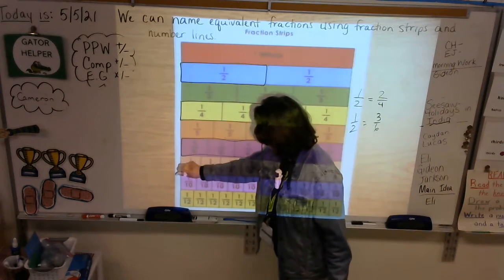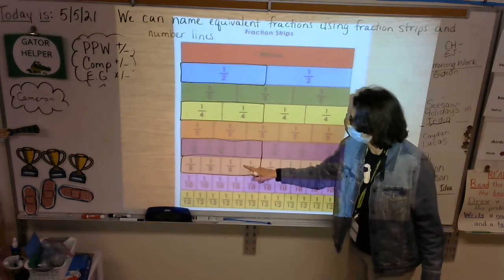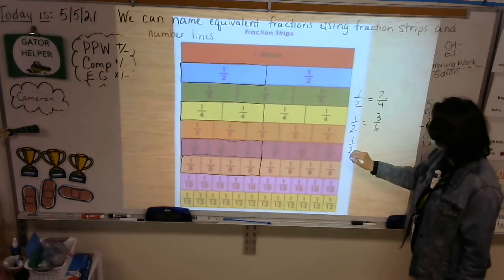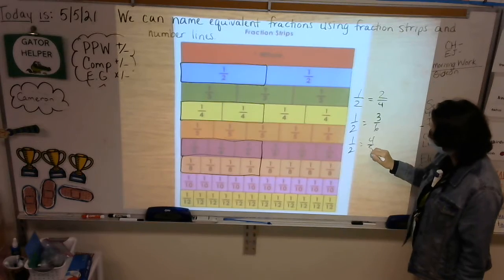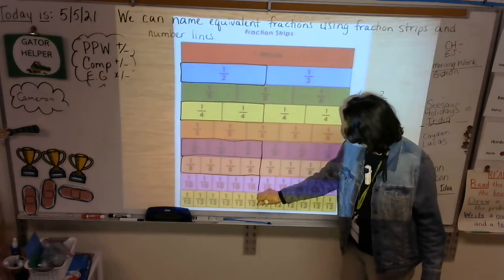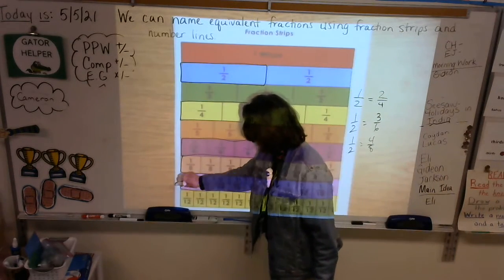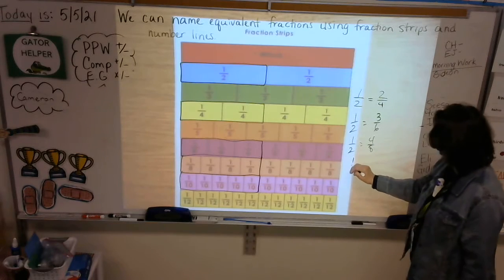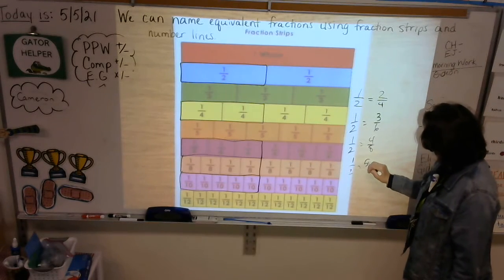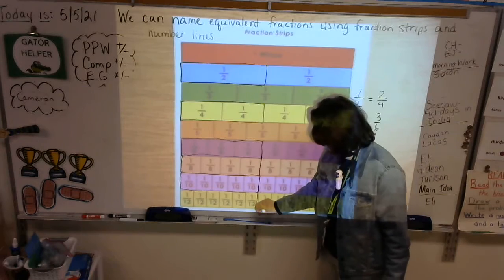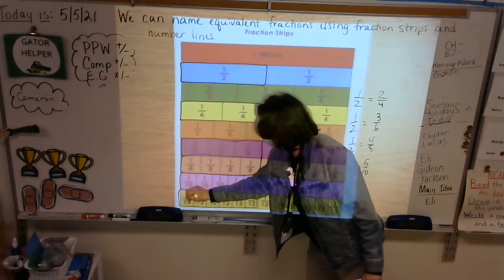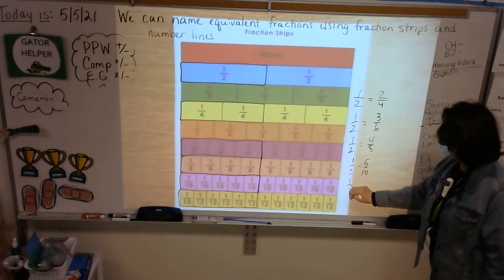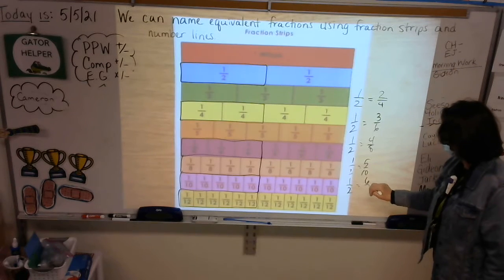Not 1/8, but 4/8. 1/8, 2/8, 3/8, 4/8. So 1/2 is also equal to 4/8. And I can keep going. It's also equal to how many tenths? 5/10. Very good. 1/2 equals 5/10. And also it equals, good, 6/12. So for 1/2, we can find a lot of different fractions that equal 1/2.